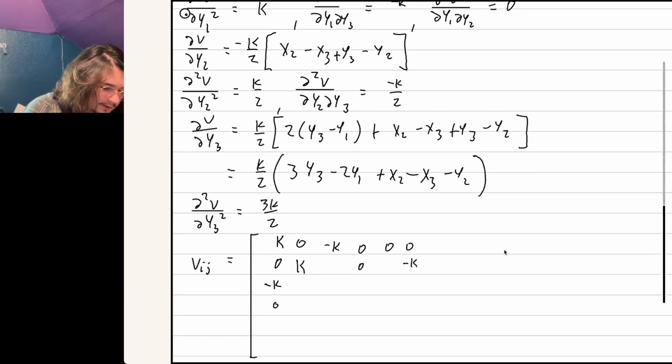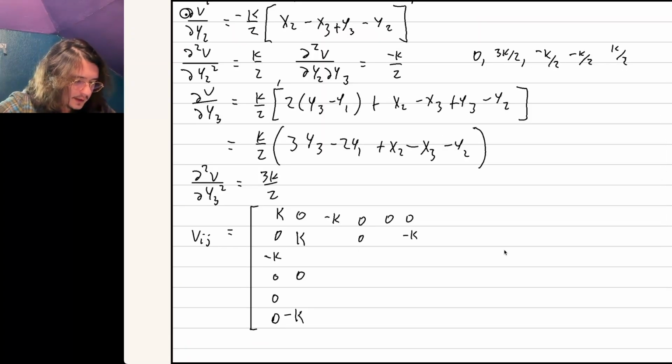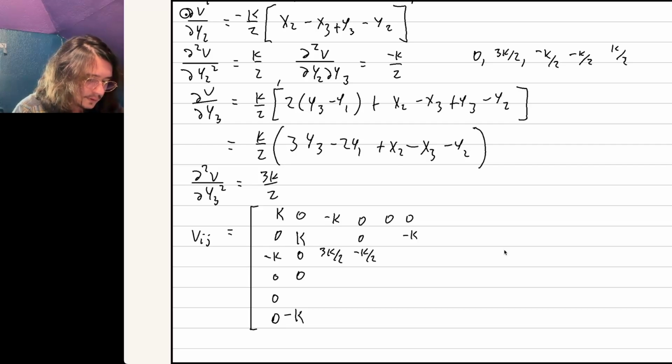I'm going to go ahead and fill these out because it is symmetric. It is symmetric. Okay. Looking at the x2 stuff. X2 stuff was 0, 3k over 2, minus k over 2, minus k over 2, k over 2.